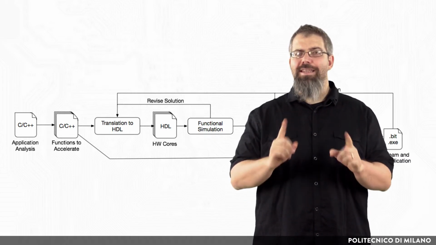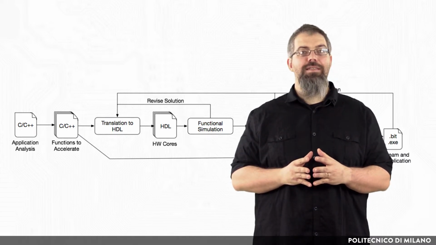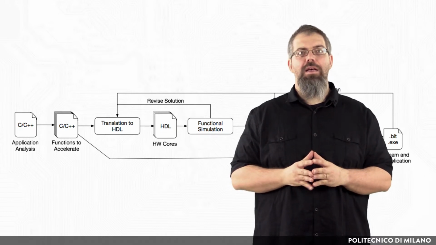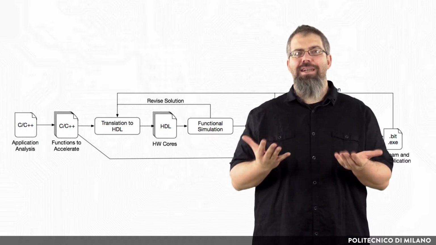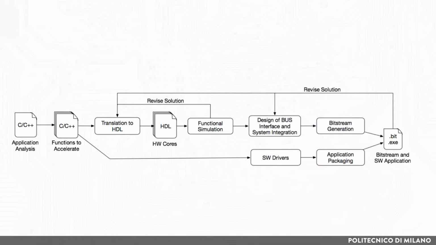Now that good candidates to be accelerated have been identified, we can start with the high-level synthesis step by translating our candidate function to HDL. The translation produces the aforementioned IP cores that are basically hardware cores that can be implemented on our FPGA. With these representations, we can test our generated code by performing a functional simulation. This simulation works by creating test vectors for the generated IP cores and by checking the correctness of the results of the computation.